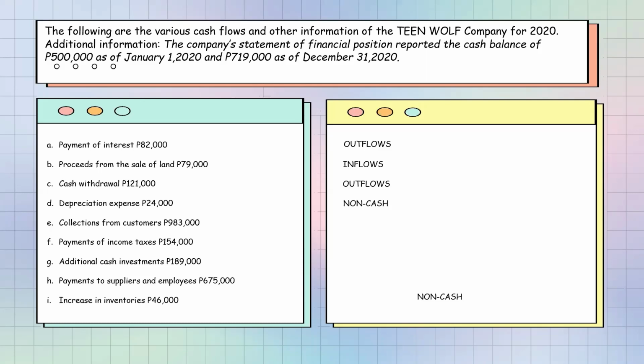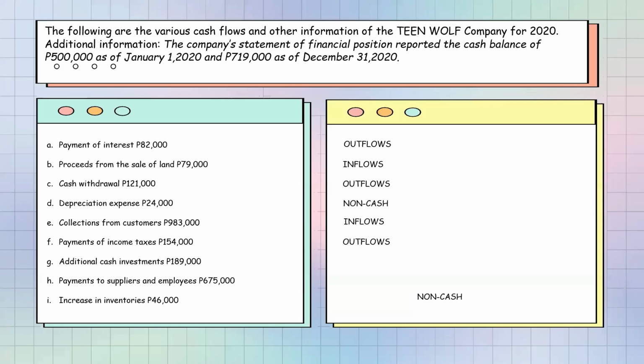Next, letter E, collections from customers. So, nakatanggap tayo ng bayad coming from our customers. So, syempre, dahil nakatanggap tayo, that is an inflow. And then letter G, additional cash investment. Yan ay isang outflows.